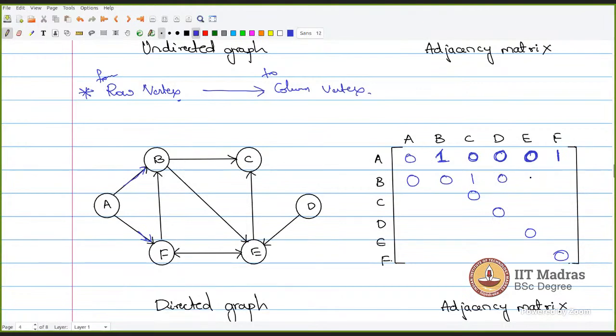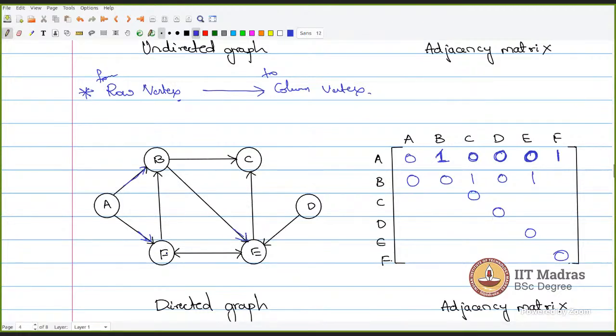No. From B to E? Yes, this edge. From B to F? No. You can see there is no edge that goes from B to F.